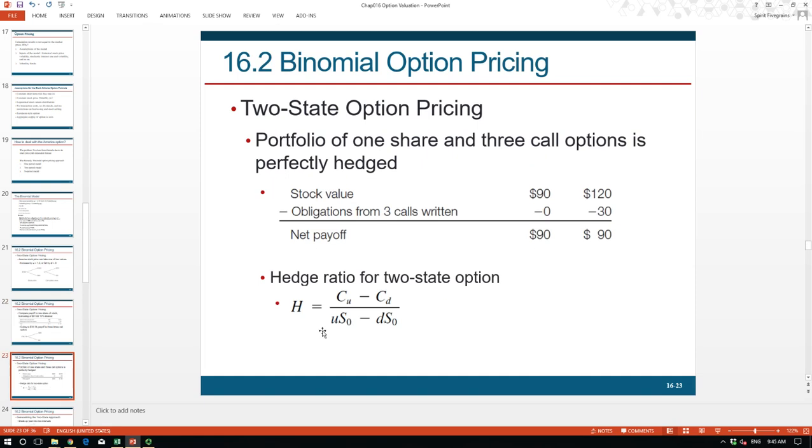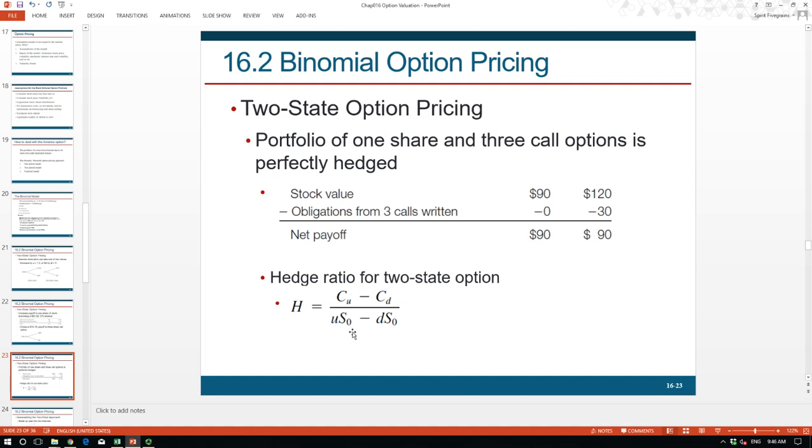And here the hedge ratio of stock and option is a function of the call option payoff when the stock price is going up and going down, and also the stock value when it's going up and going down.